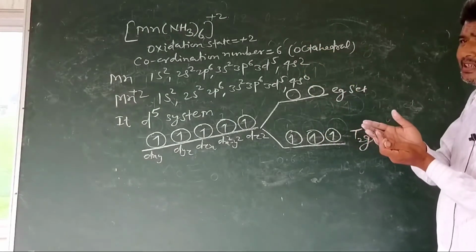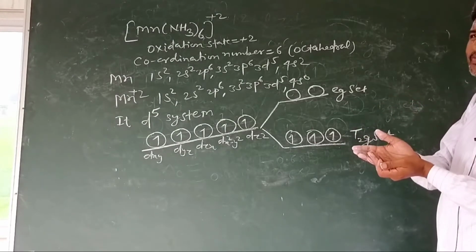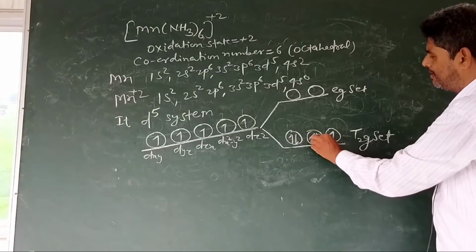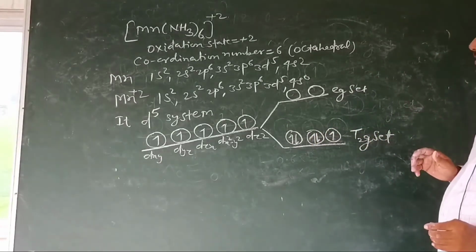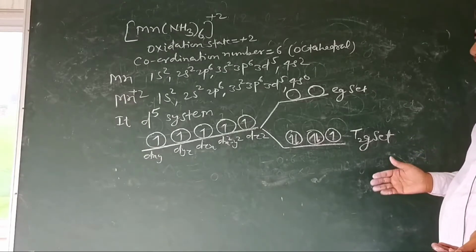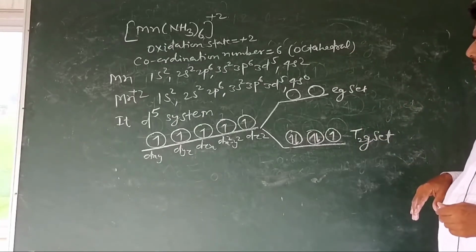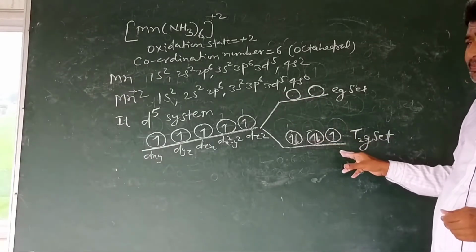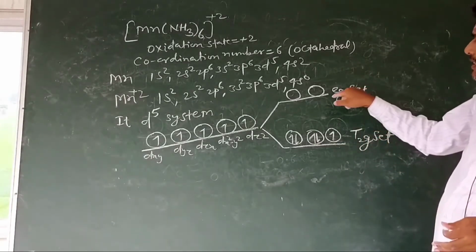We have only 2 electrons, so we may form only 2 pairs: the one pair, the second pair. We have no more electrons, so the process stops. On the basis of CFT for the octahedral complex, we have 5 electrons in the T2G set and no electrons in the EG set.